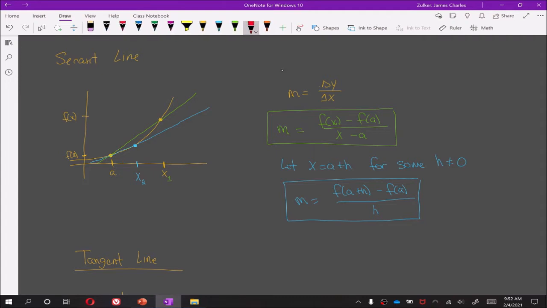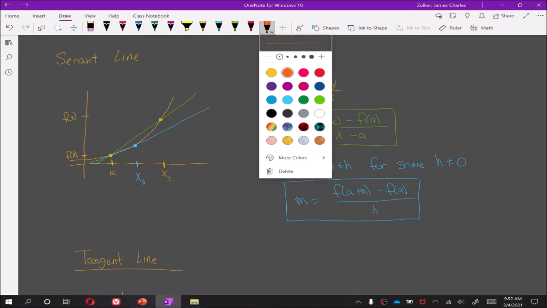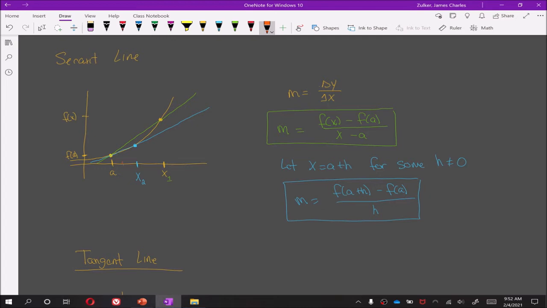I think I have them set up on the thinnest. And so let's say this here is now a new point x3. Right, then we're going to have a point there, and we can draw a secant line through those 2 points. Right, until finally we have the tangent line given right at A.